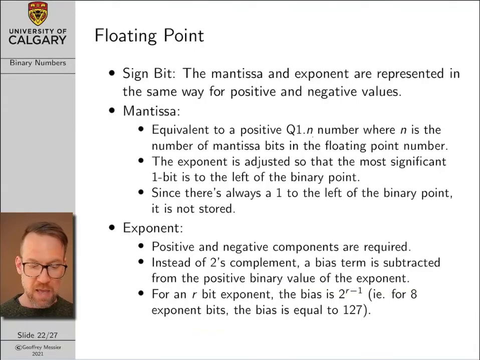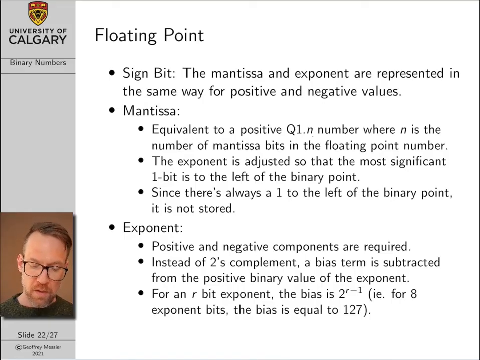We have a fixed point mantissa, and we hop the point all the way along, until we have a 1 just to the left of our binary point. And the number of hops that we take to move our binary point along basically determines the value of our exponent, just like it does for scientific notation.